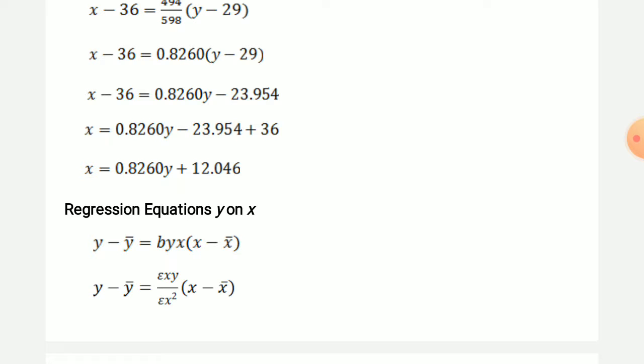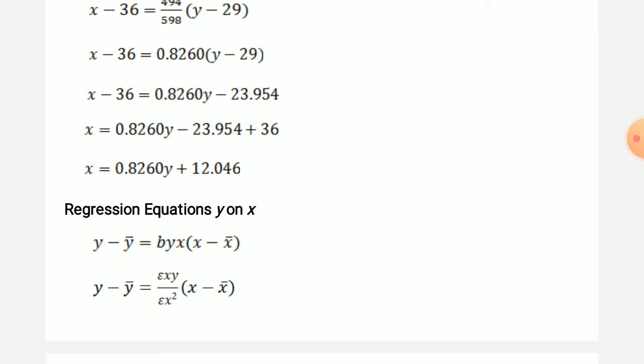The minus 36 becomes plus 36, because by transposing, LHS becomes RHS. So when converting by transposing, that becomes plus 36.